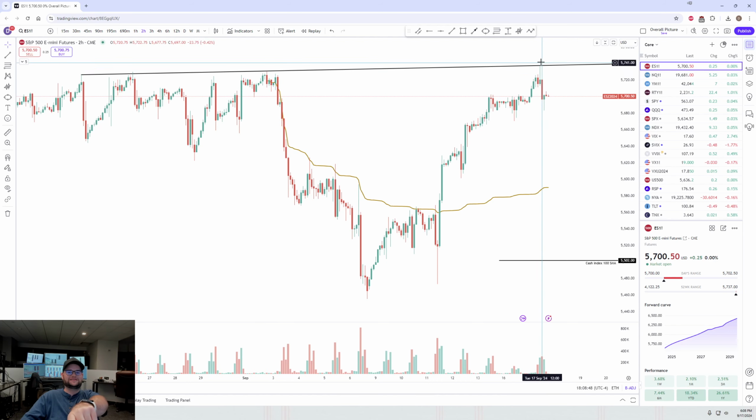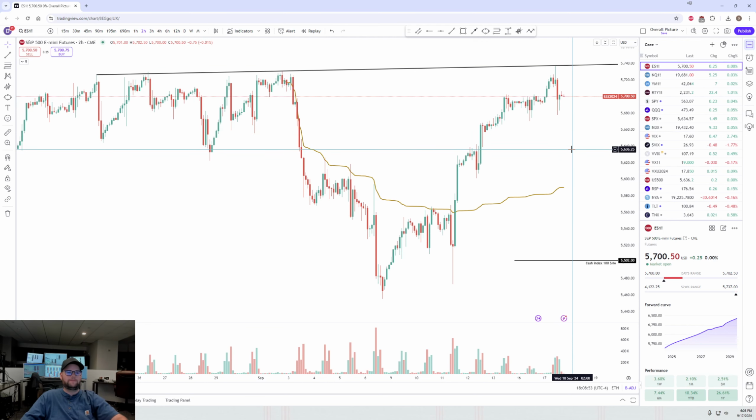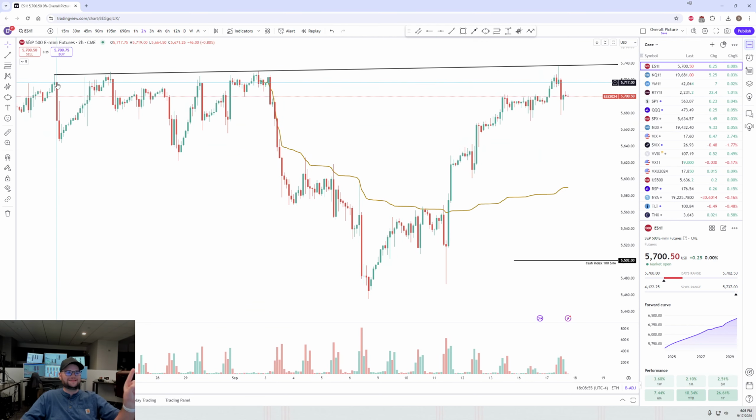And you could see that's exactly where we got up to today, and we failed there. So that marks 4 different daily tests at that trend line that all failed to break above as sellers have been defending that line, okay?